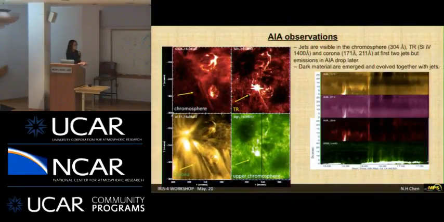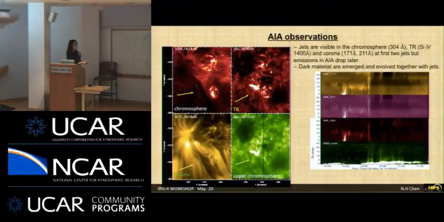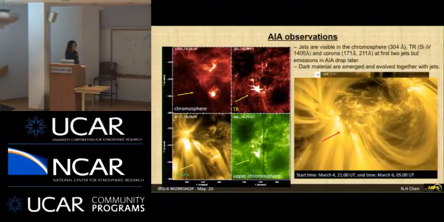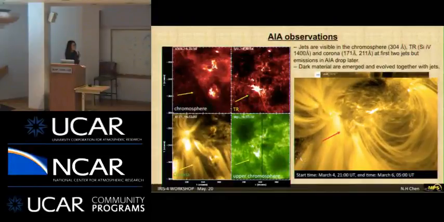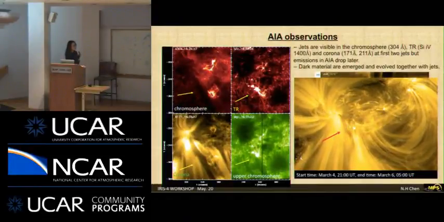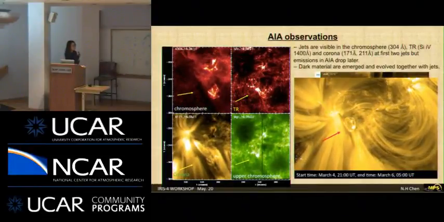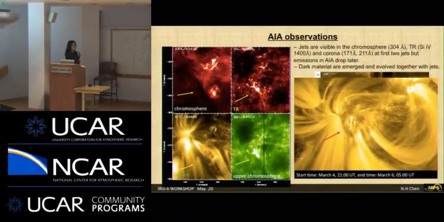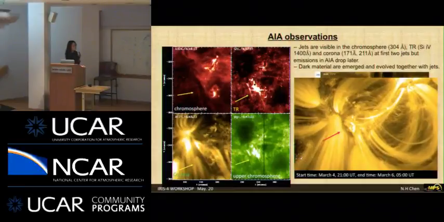Because we thought that silicon 4 showed the whole picture of the jet. So what happened? We traced back a little bit, and we find that this is the site where the recurrent jet happened, and this dark material shows very clearly and always emerges and evolves with this solar jet.